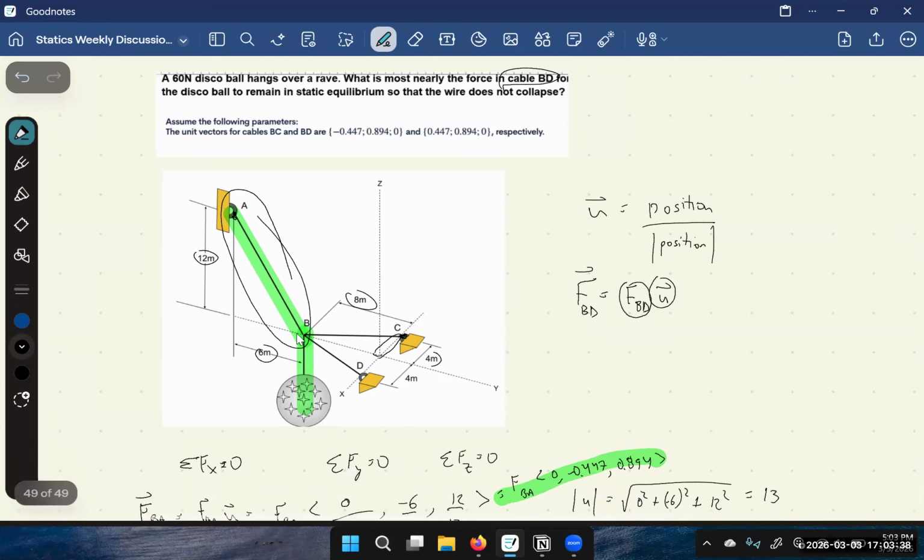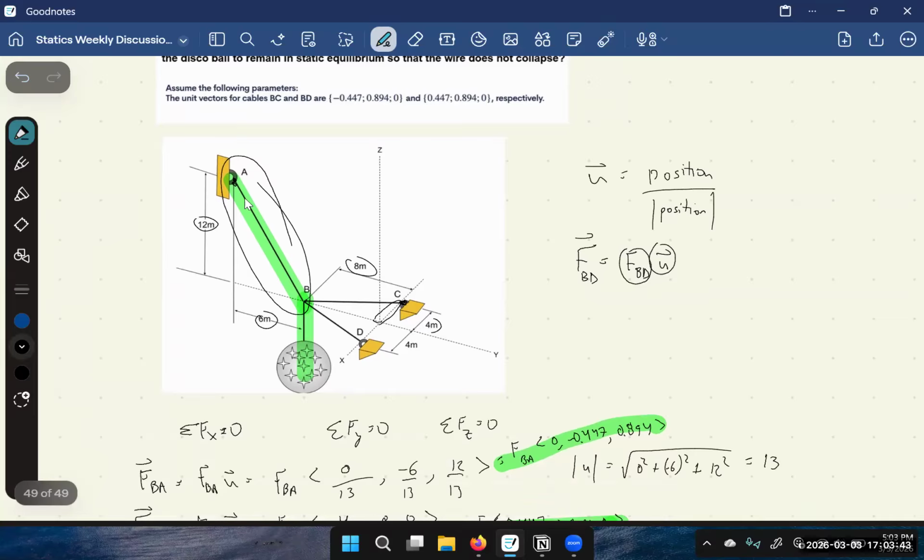Another way to do this, same method, instead of using the unit vectors, you can use triangles. So in the equilibrium equation with sum of Fx equals 0, you look at all of the forces along the x-axis. So we have this force BC, BD. There's no force along the x-axis from this AB projected downward. There's no x component.